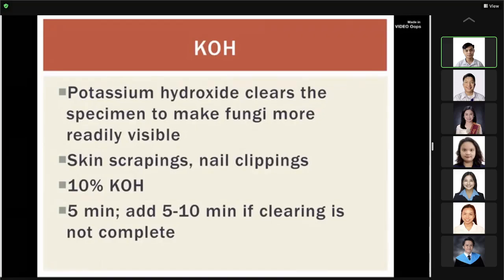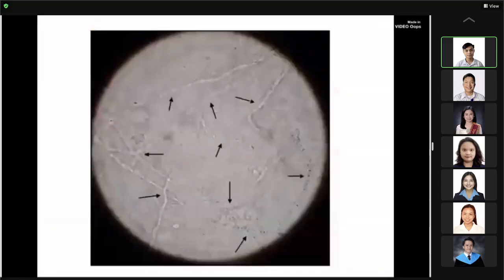Then, we will look at it under the microscope on HPO. Kung kulang pa yung clearing, pwedeng patagalin pa yung incubation at room temperature from 5 minutes to 10 minutes if clearing is not complete. For nail clippings na medyo matagal, we can actually increase the concentration of KOH from 10% to 20%. So ito yan, example.